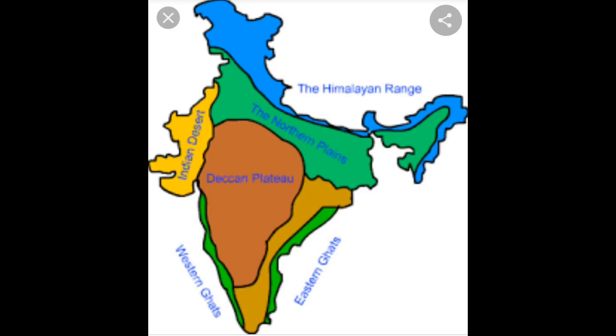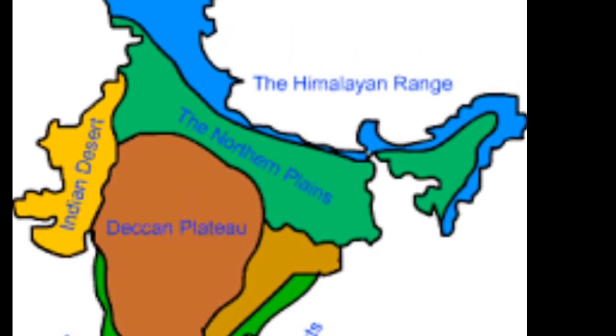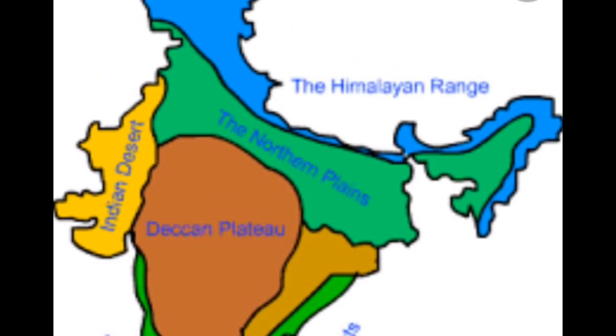The map that you are seeing, the blue color represents the Himalayan range, whereas the green color represents the northern plains. As you are seeing on the map, the northern plains extend from Punjab till Assam.